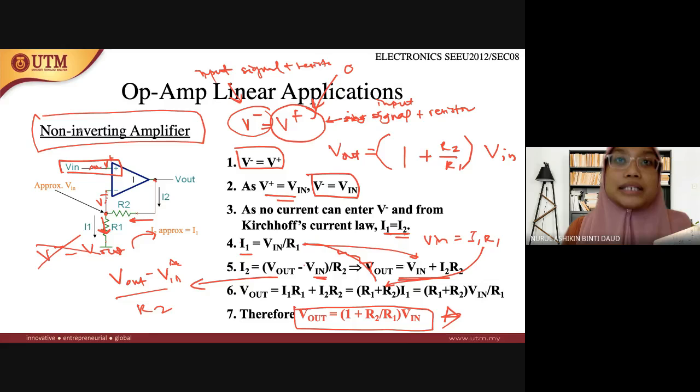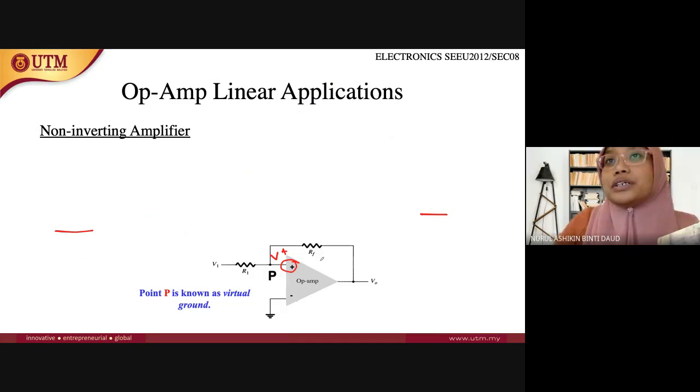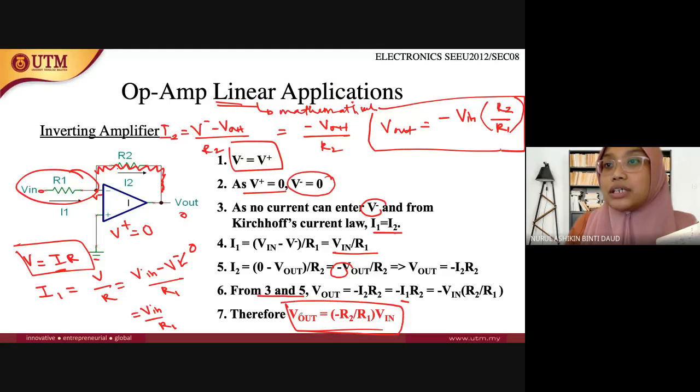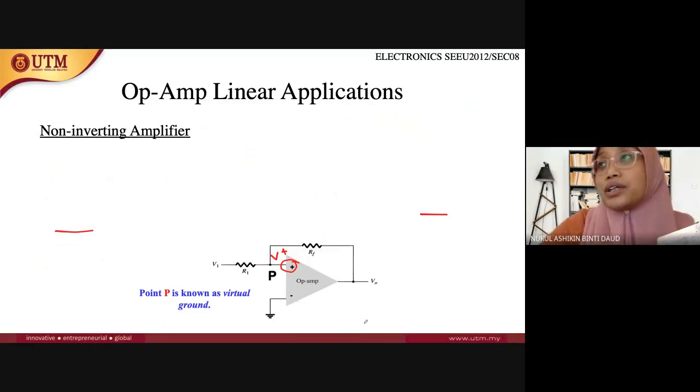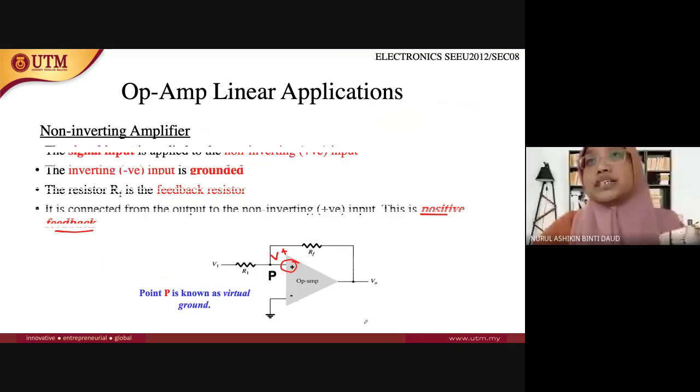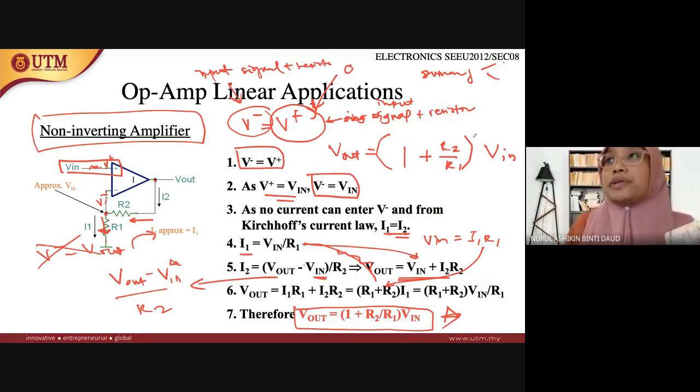So after non-inverting, there will also be the linear applications for summing, for example inverting and non-inverting. So this formula, this formula and this formula are very useful. That's why it is very important for you to understand these two formulas first, how they derive them, because later we will use these two formulas in the summing application, which is also a linear application, but a little more complicated.